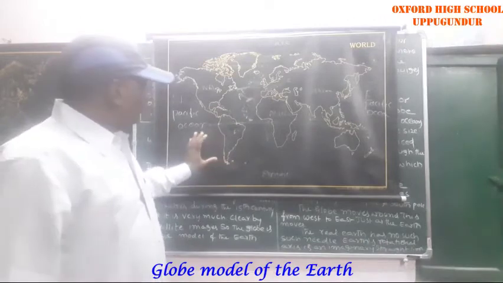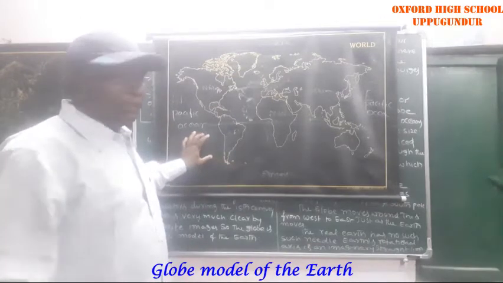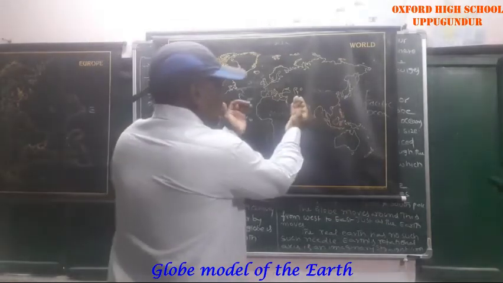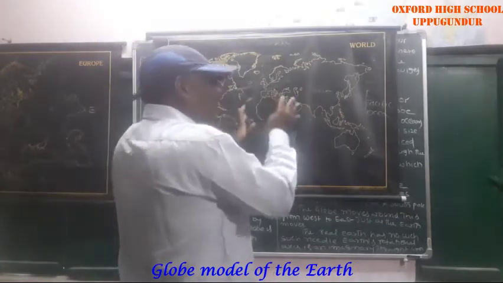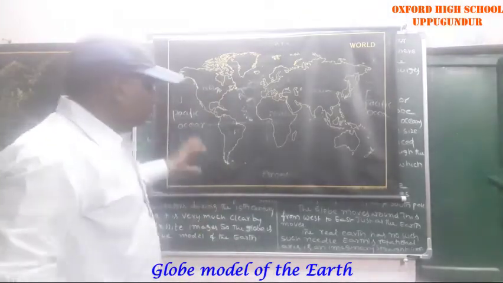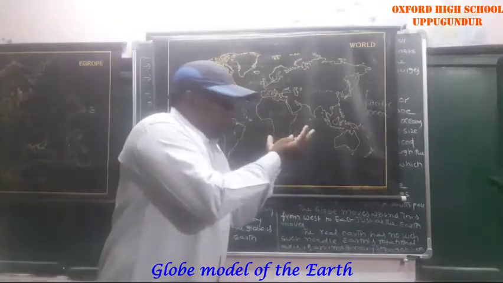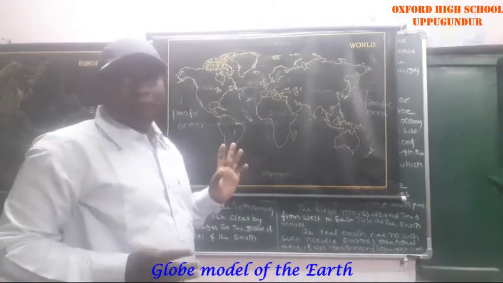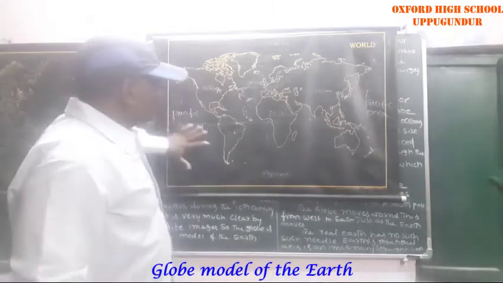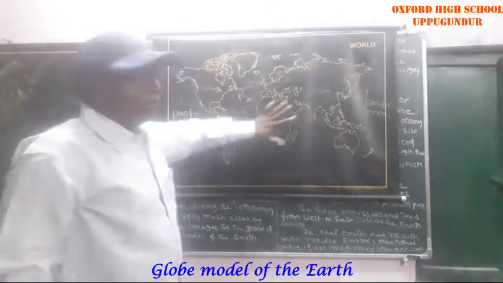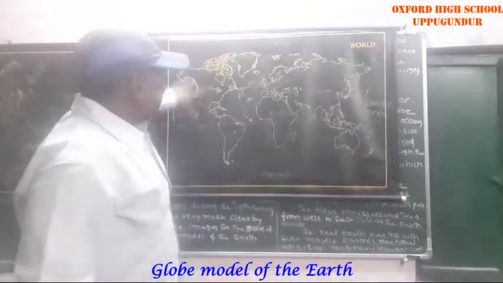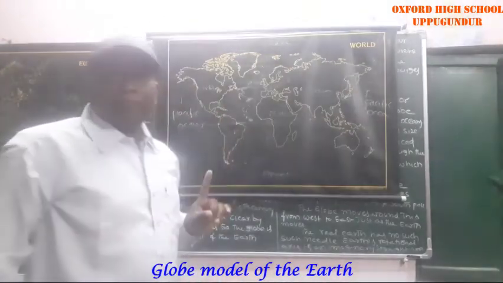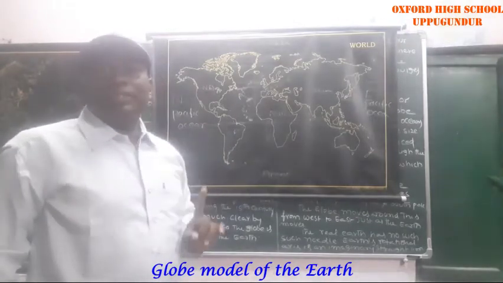If you fold the world map, then these two oceans flow in the same direction. That means these two oceans are actually mingled together and flowing, isn't it? This map shape is a flat shape, but actually our earth shape is round.